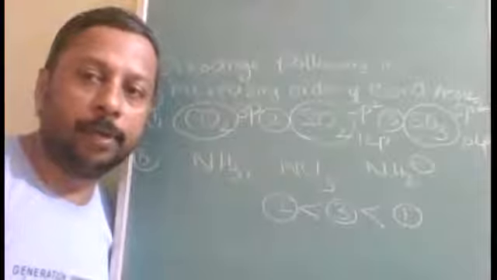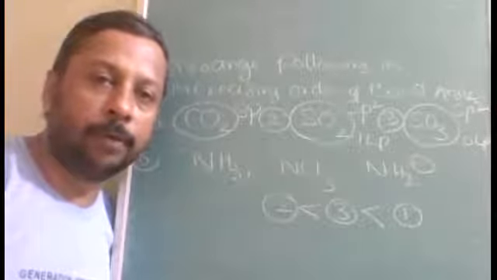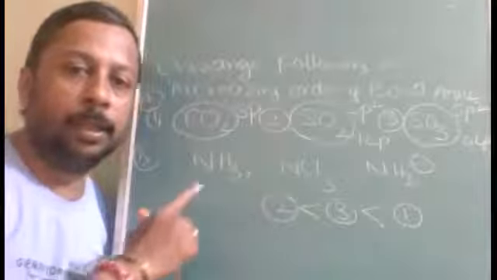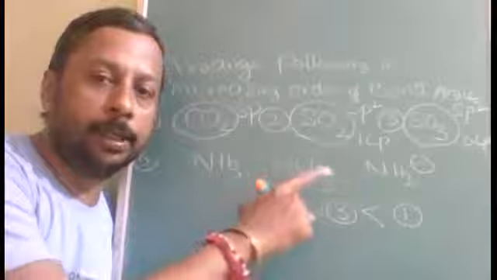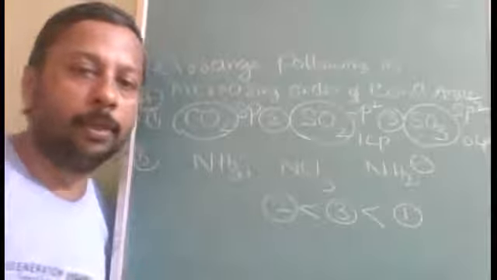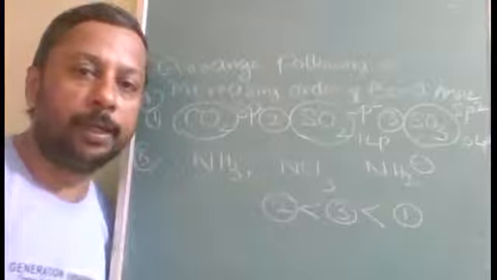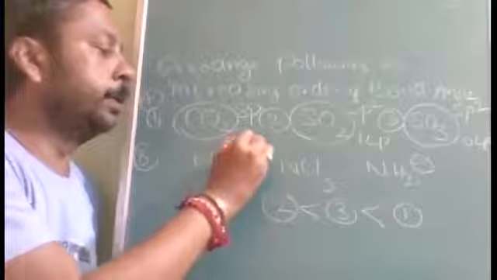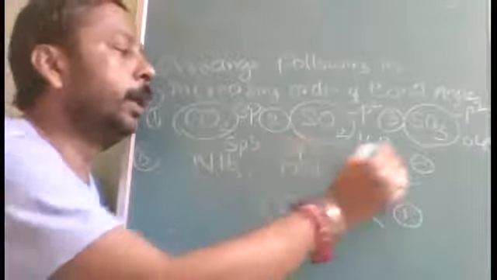Is that clear? If you have any doubt, you can ask. Otherwise, we will go to the next question. In the next question, NH3, NCl3 and NH2 negative. You will find the same hybridization, sp3, sp3 and sp3. But the problem is with the lone pairs, peripheral atom and electronegativity.